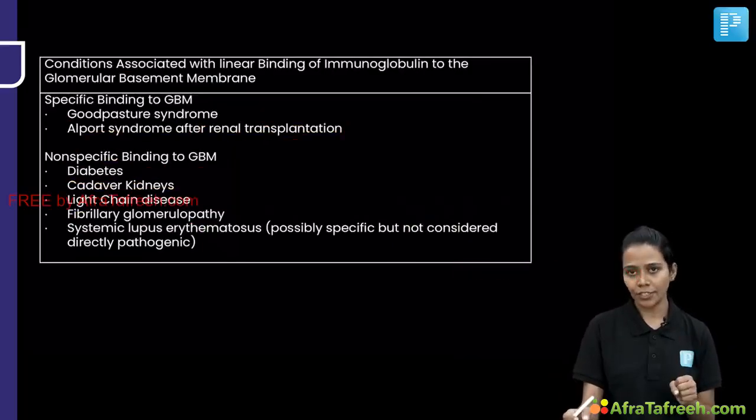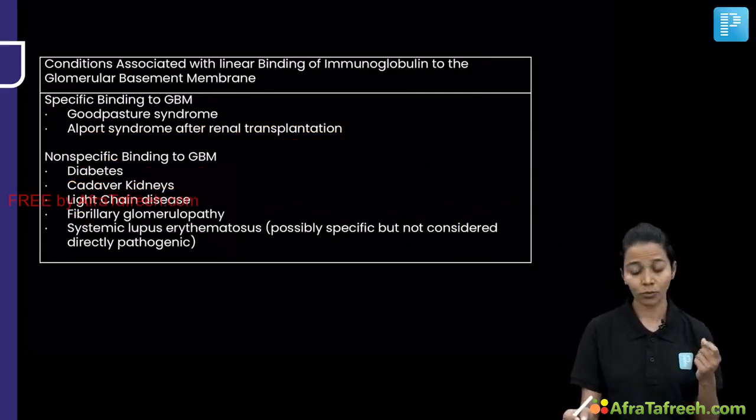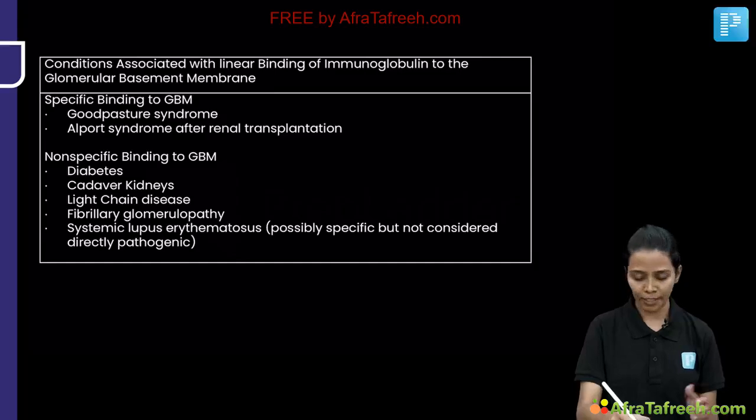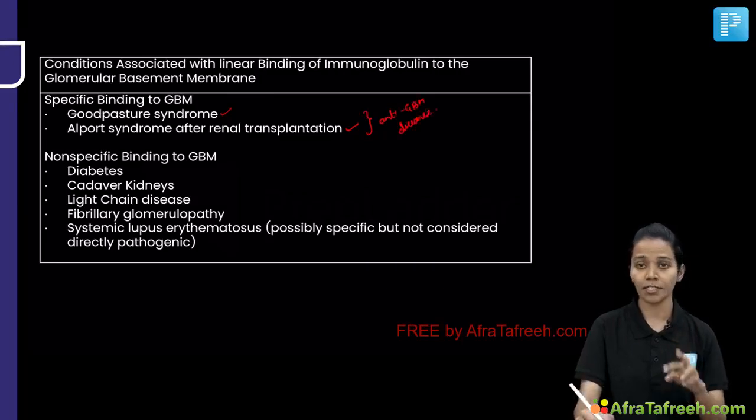Which are the conditions in which there can be non-specific binding to GBM? First, we know specific binding to GBM is in Goodpasture syndrome or Alport syndrome after renal transplantation. That means both are causes of anti-GBM disease. So this is a quick revision for you: anti-GBM disease is these two things.